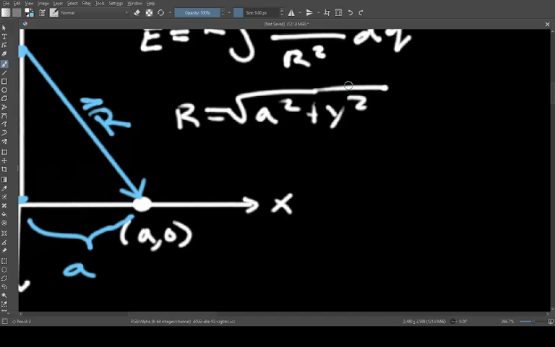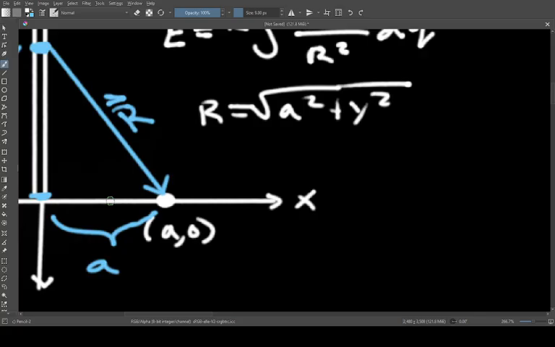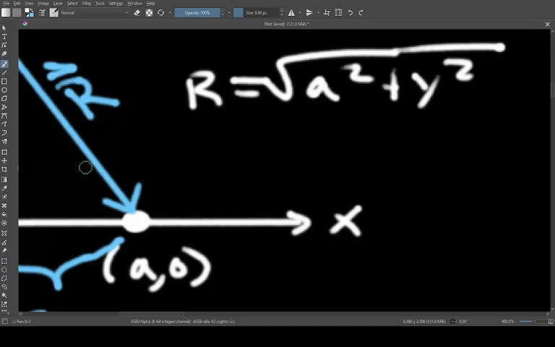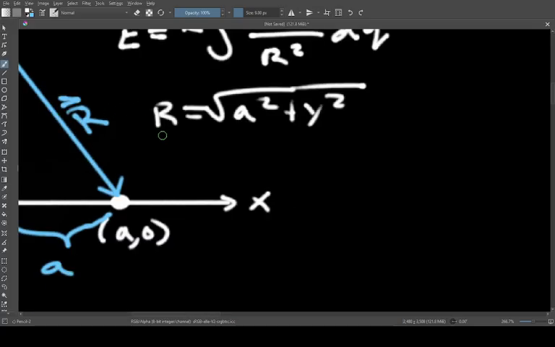Also, r points in a different direction for each dq that makes up the rod. So its direction r hat cannot also come out of the integral. But note that r extends a units to the right, along the unit vector x hat, and y units downwards along negative y. So what you can also say is that the vector r is equal to a x hat minus y y hat.